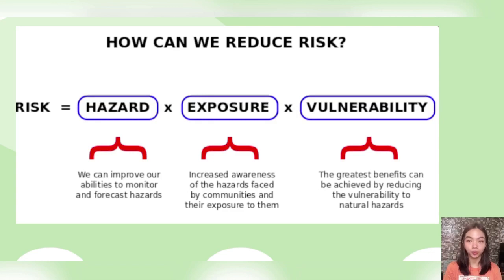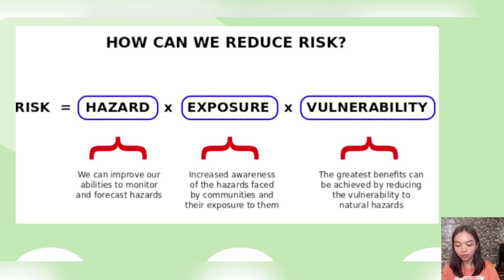Next is exposure. Sa exposure, it says that para ma-reduce natin yung risk and exposure, we should increase awareness of the hazards faced by communities and their exposure to them.